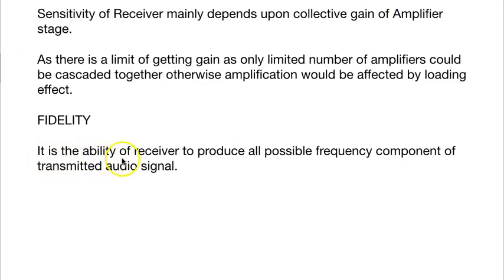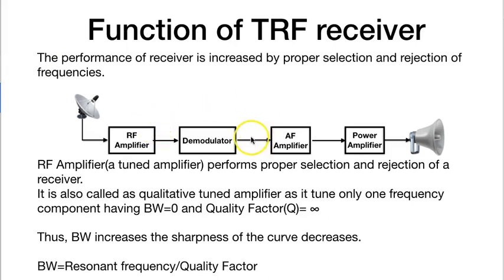And fidelity is the ability of the receiver to reproduce all possible frequency components of the transmitted audio signal. Now these three parameters are considered in choosing the characteristics of a receiver. Now the functions of TRF. The performance of the receiver is increased by proper selection and rejection of frequencies.